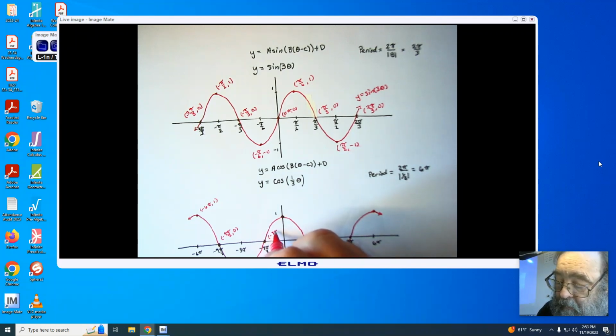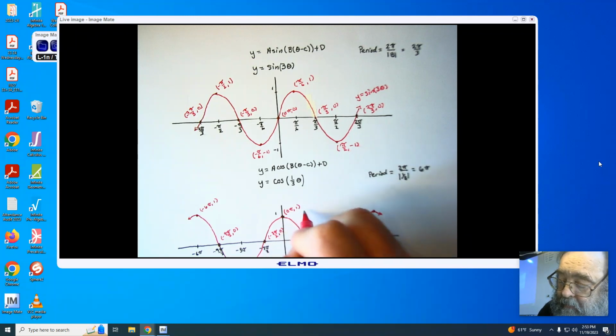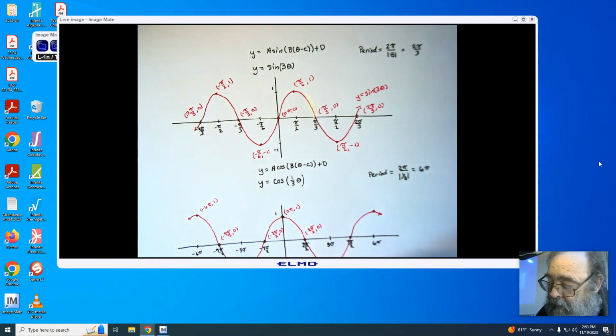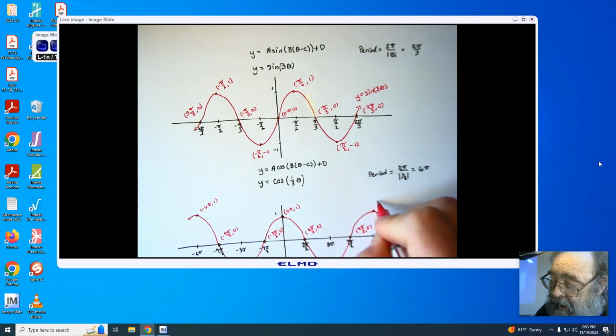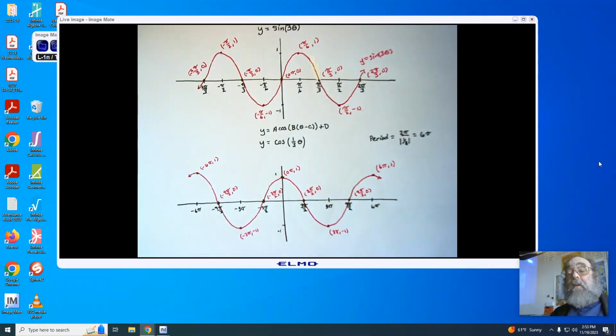Negative 3 pi over 2 is at 0. 0 is at 1. 3 pi over 2 is at 0. 3 pi is at negative 1. 9 pi over 2 is at 0. And 6 pi is back to 1. This is graphing when you have a different period.